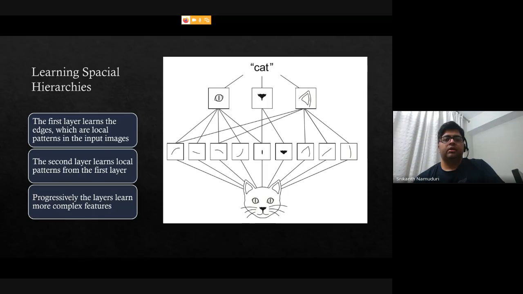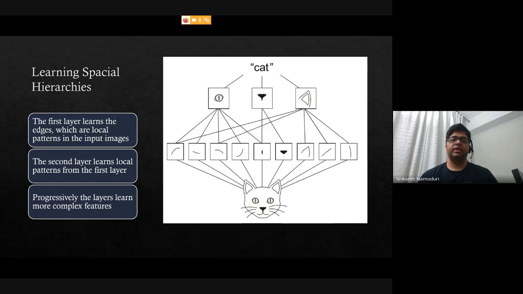This is an example. I've mentioned earlier that there is a hierarchy involved in learning, and each subsequent layer learns a more meaningful representation. It might sound very abstract earlier, but hopefully this image will help put it in perspective. For example, we are learning from an image of a cat, and layer one applies these filters.